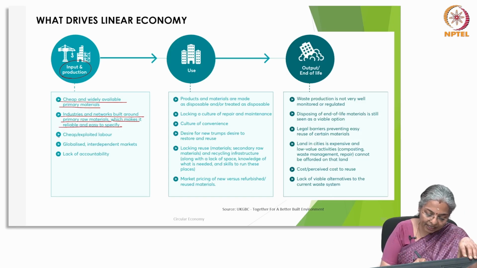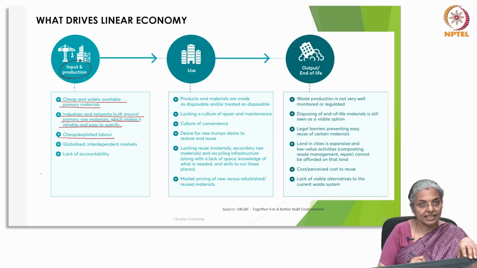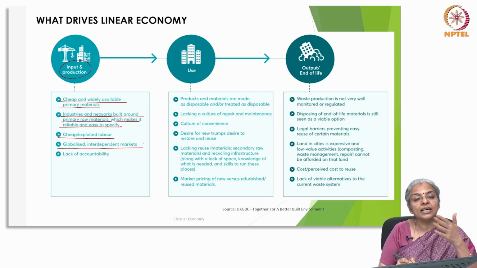Also, in linear economy, cheap labor is exploited and it is globalized because it is an interdependent market. The sale has to be on a mass scale and there has to be a large exodus of consumers. It's highly consumeristic.